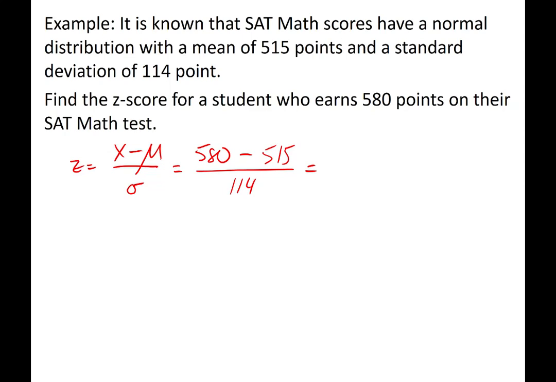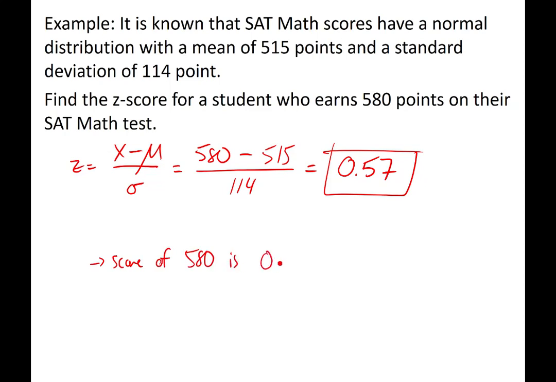So what that's telling us is that a score of 580 is 0.57 standard deviations above average, and we know they're above average because they have a positive z-score.